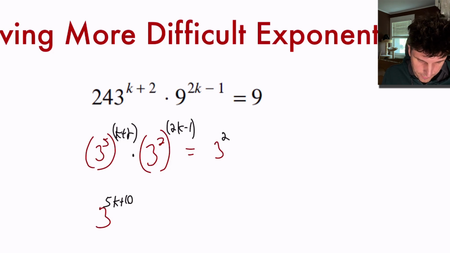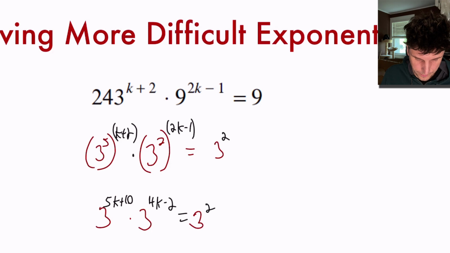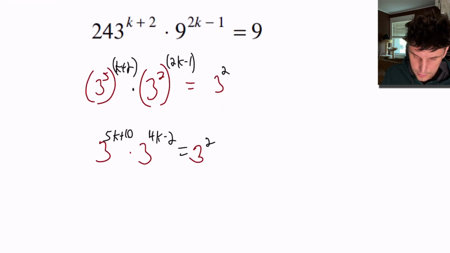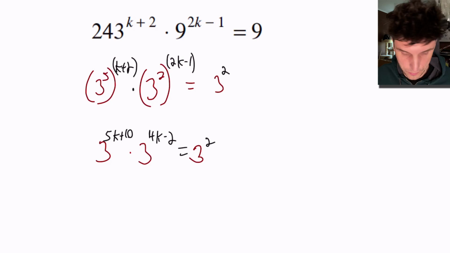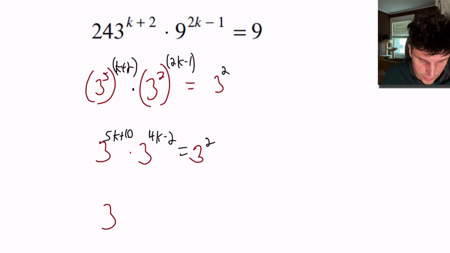And we have times 3 to the 4k minus 2 equals 3 squared. Okay, and then we're going to add our exponents together. So we're going to have 3 to the 5k plus 4k, which would be 9k, and then plus 8, because 10 and negative 2, and that's going to equal 3 squared.